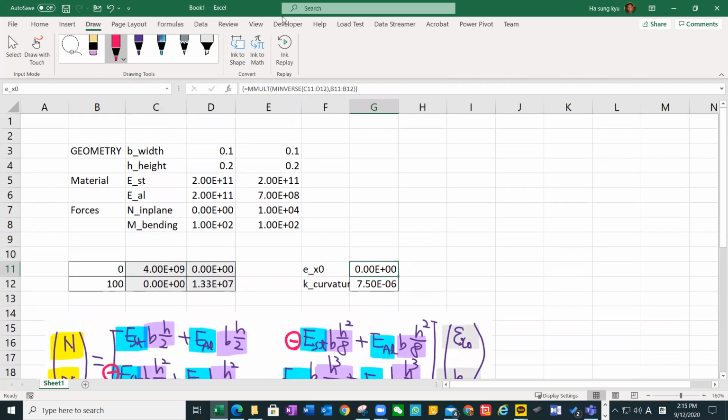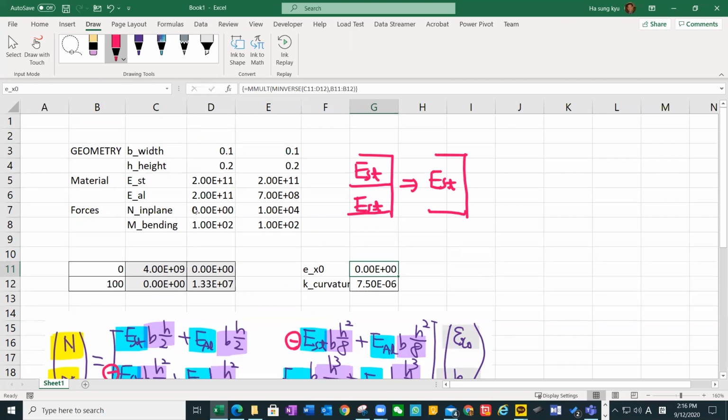In other words, let's say we have a cross-section like that, and the same material, for example, steel and steel, which means just one material like that, right?